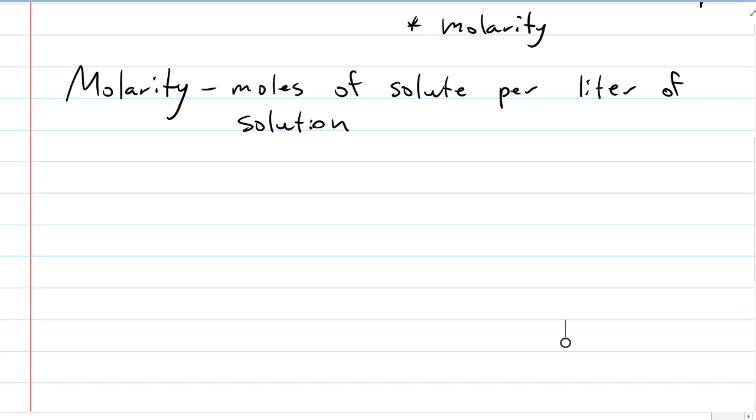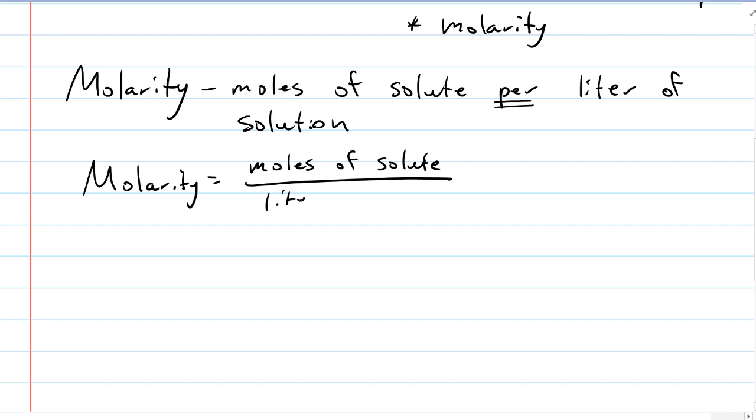And I think we did this when we went through density. Mathematically, the word per means to divide. So that means if we wrote out a formula for molarity, molarity would equal moles of solute, then what? Over liters of solution.